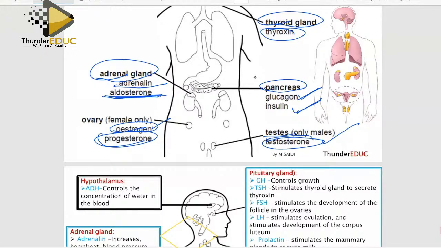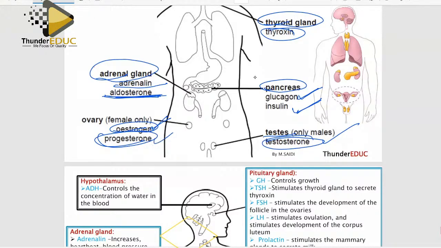Remember, another function of estrogen in reproduction, we say that it is responsible for preparing the uterus for implantation by making it thick, vesicular, and glandular. That is estrogen.